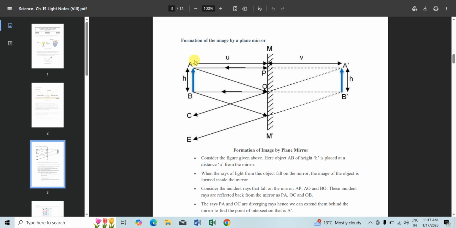Because when the object reflects the light on the mirror, it gets reflected back, but it still forms the image. So it is a virtual image. What is a virtual image? A virtual image is a fake image that doesn't exist in real life, but it is created. So it is called a virtual image.